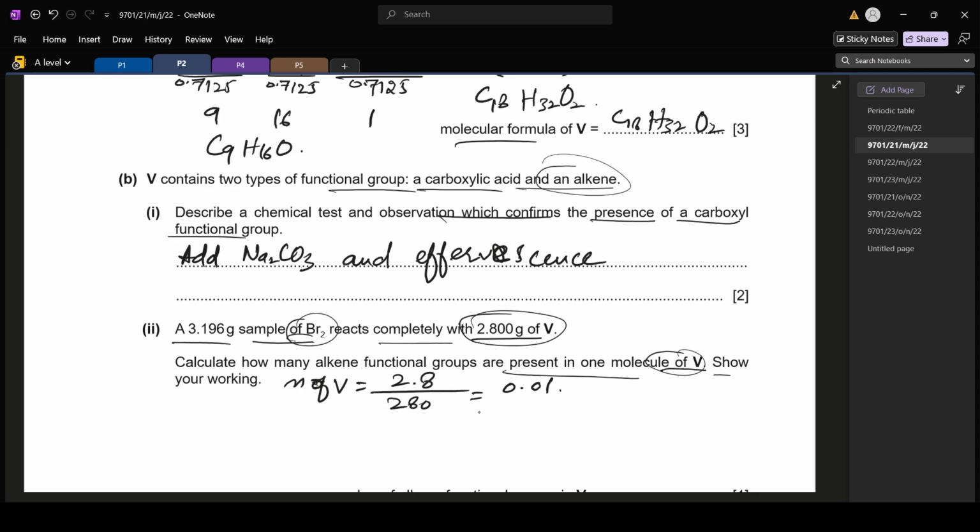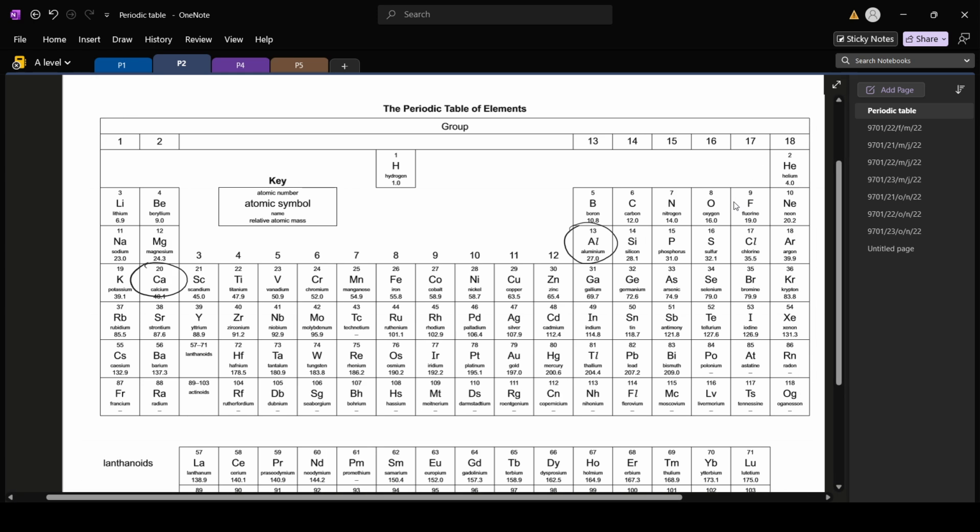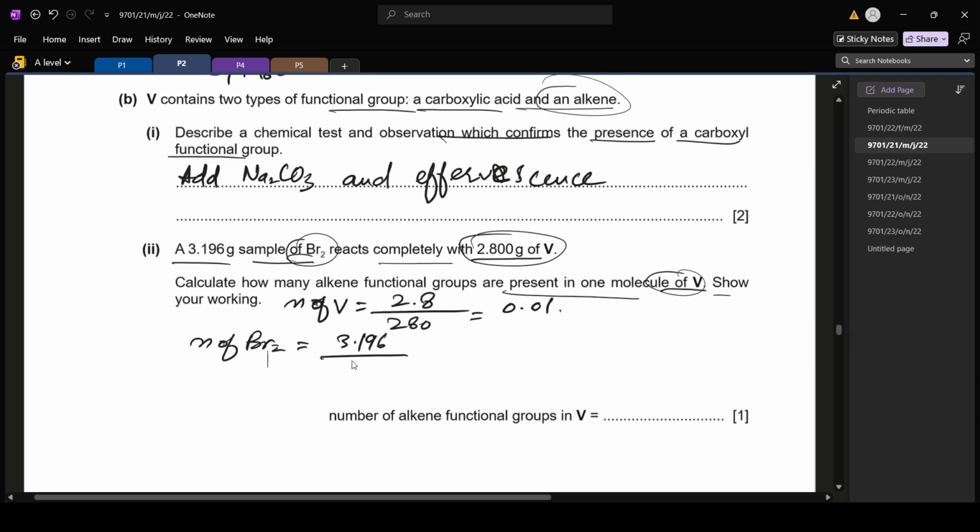Okay, and then you have moles of bromine, 3.196 divided by the Mr of bromine, which you will calculate using the periodic table. In the periodic table you have Ar of bromine 79.9, so 79.9 multiplied by 2.